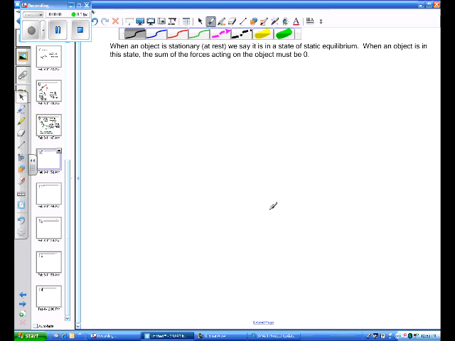Now we want to look at some things that deal a little bit with your physics and with forces. And so we have a definition that when an object is stationary at rest, we say it's in a state of static equilibrium. When an object is in this state, the sum of the forces acting on the object must be zero.